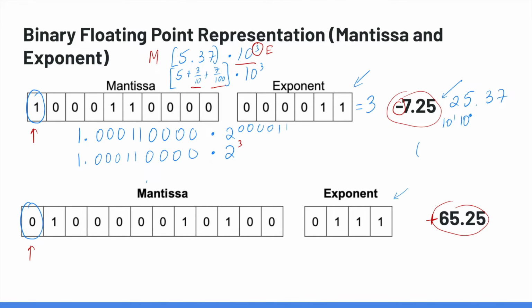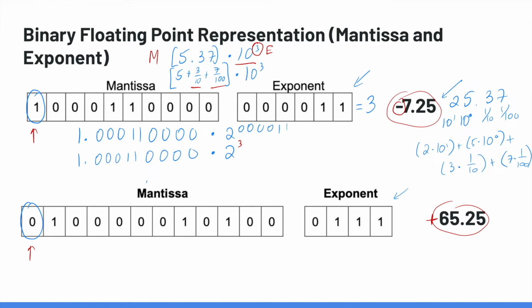So we'd have 2 times 10 to the power of 1 plus 5 times 10 to the power of 0. And then for our decimals, this represents 1 over 10 and 1 over 100. So it'd be plus 3 times 1 over 10 plus 7 times 1 over 100. And that's how we really get our value. That's kind of how this whole decimal thing works.